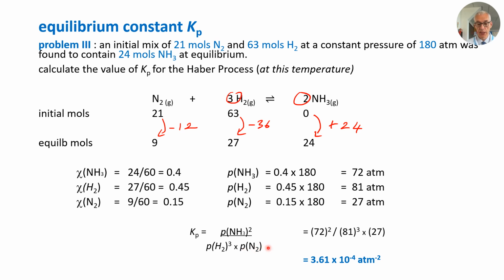Form the Kp expression. Check that you've got that correct. Put in the partial pressure values, solve numerically, and the units, of course, are atmospheres to the -2.